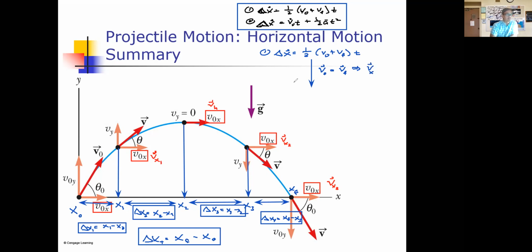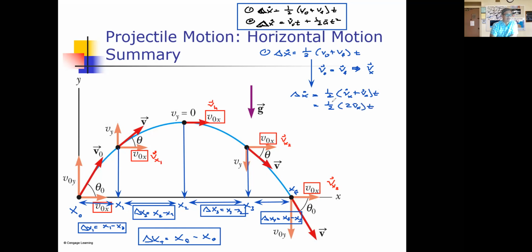I'm going to substitute that in. Delta x is going to be equal to 1/2 times Vx plus Vx, because both of them are the same, times time. We have delta x equal to 1/2 times 2Vx times time.